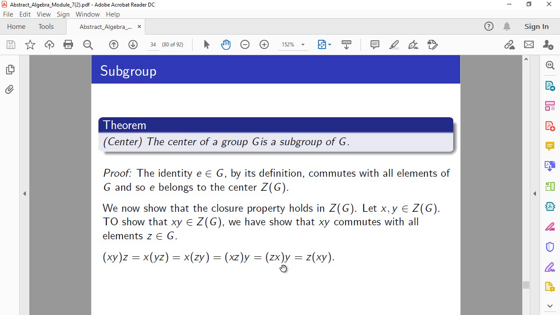And then I can regroup here again. I can write z times xy. So xyz is equal to zxy, and this is for any z. So we see that xy commutes with all the elements of the group, and so whenever x, y are in the center, x times y is also in the center. This establishes the closure property.